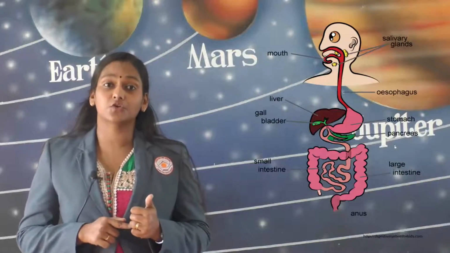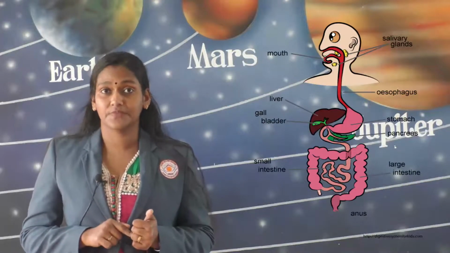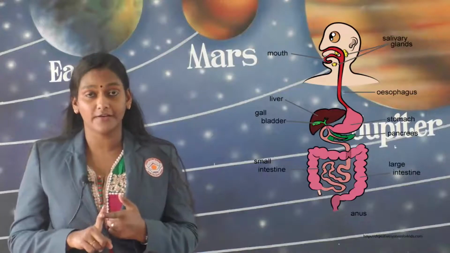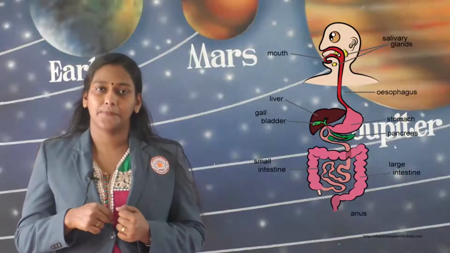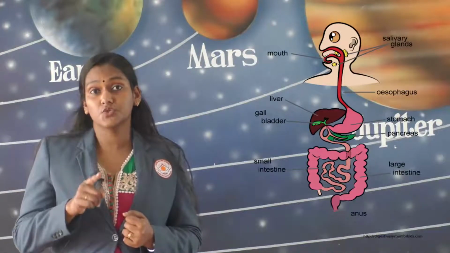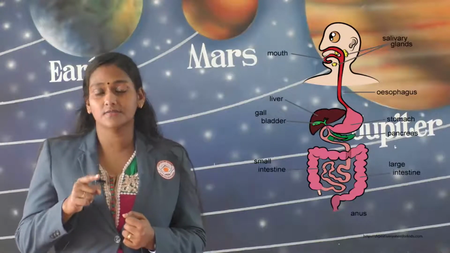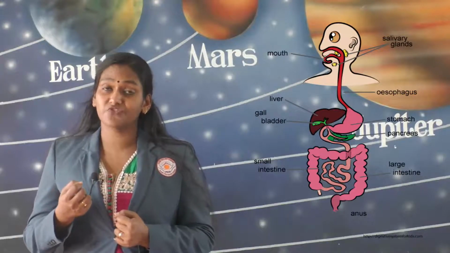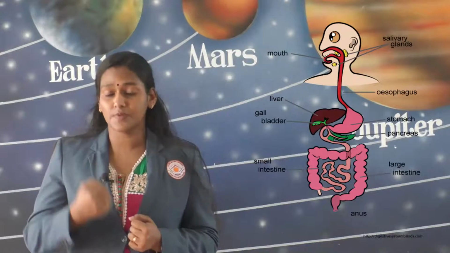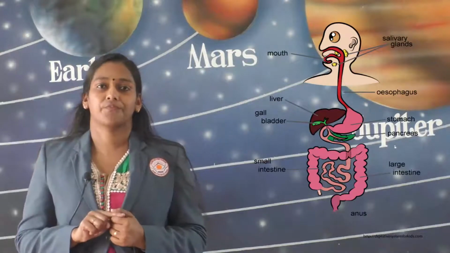The crushed food mixed with water passes through the small intestine, where the useful food parts are absorbed into the bloodstream.